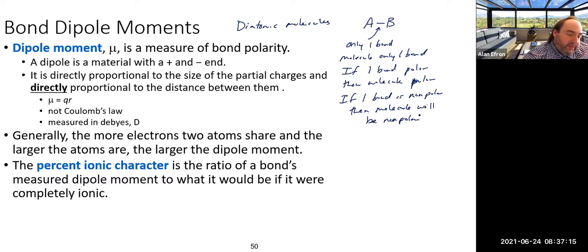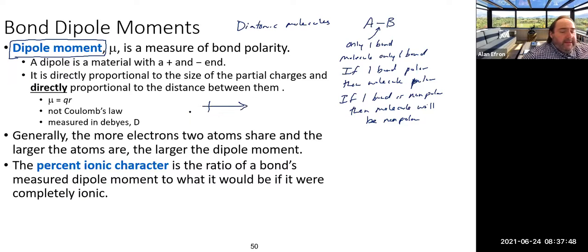So this is really the one place where we can apply both bond polarity and molecular polarity, and they really do cross over, if you will. They really do tell us the same thing. What I mean by that is, if something is deemed to be polar, it is sometimes referred to as having a dipole moment. And a dipole moment can be represented with that same type of arrow.